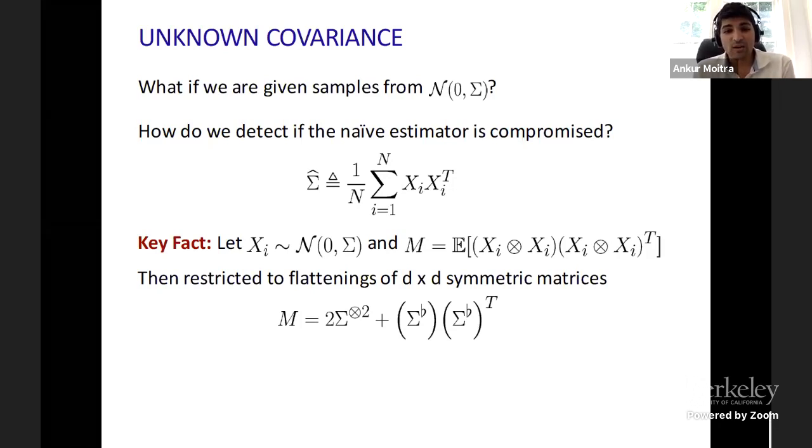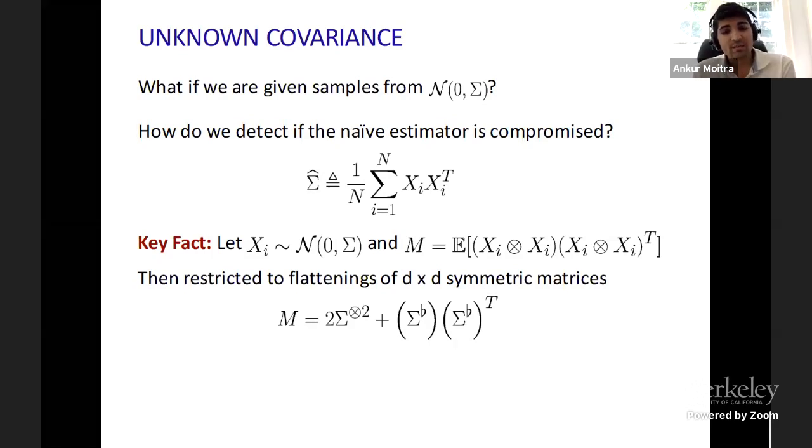So instead, we're going to flatten the tensor to create a much larger matrix. The fourth moment of this distribution would naturally look like a d by d by d by d tensor. Instead, we're going to flatten it into a d squared by d squared matrix M, which is the expectation of x sub i tensor x sub i, all times itself transpose.